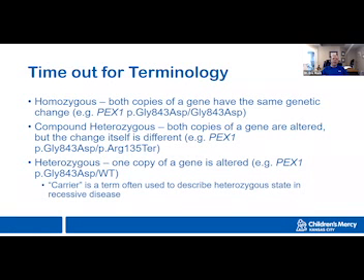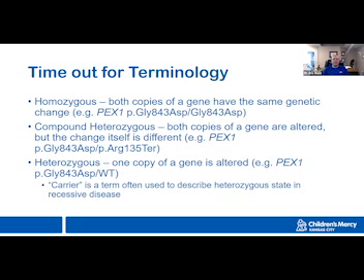So let's take a little bit of time out for terminology, because these are some terms that I know are thrown around in the genetics community, but I want to make sure everybody understands. And so those terms are homozygous, compound heterozygous, and heterozygous. In the case of homozygous, we would see both copies of a gene, both from mom and from dad, have a change, and it's the same change.